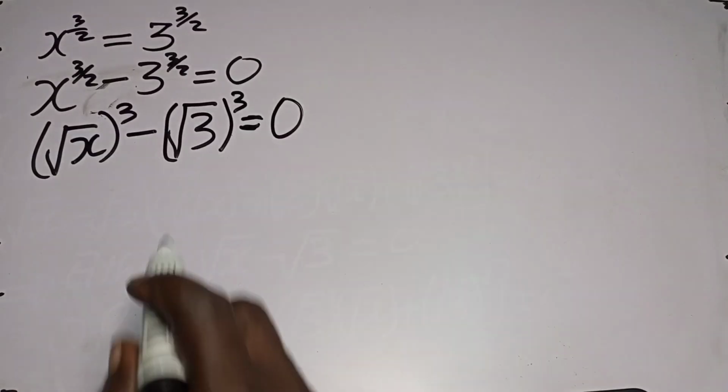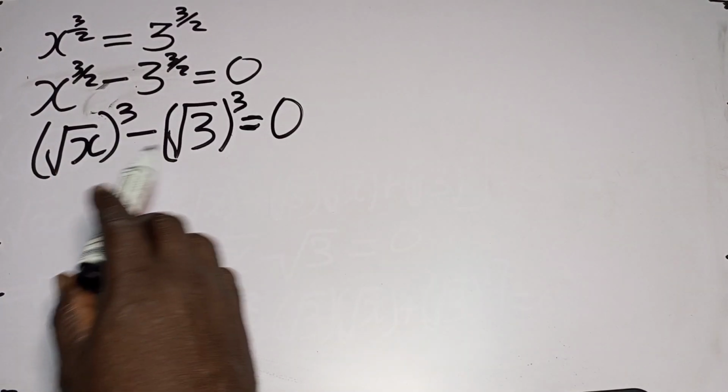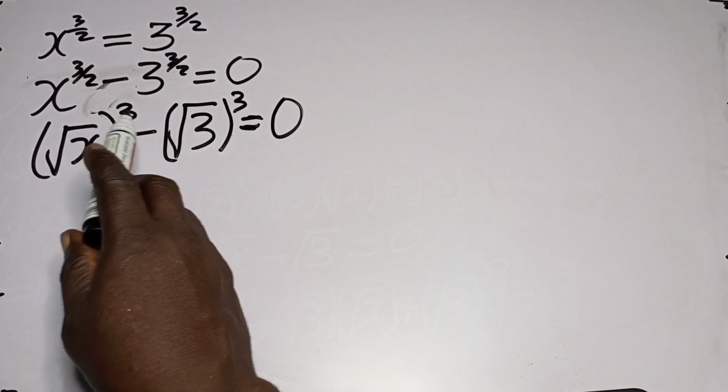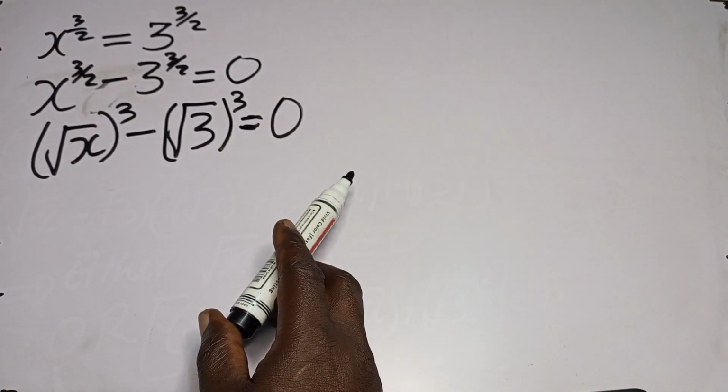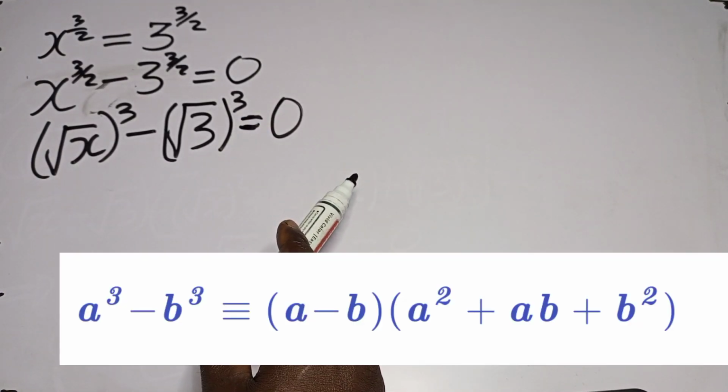So we can now see clearly that it is a difference of 2 cubes. Root x cubed minus root 3 cubed. So we now use the difference of cubes identity to continue with our solution.